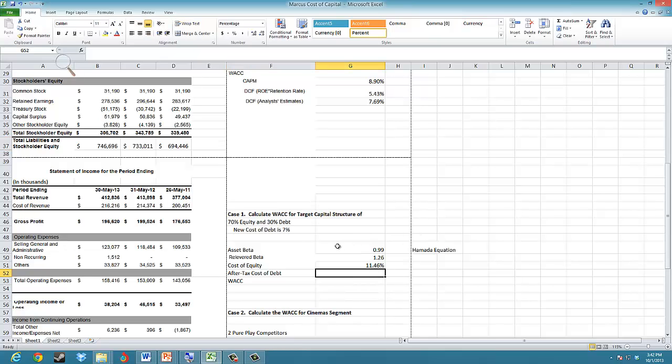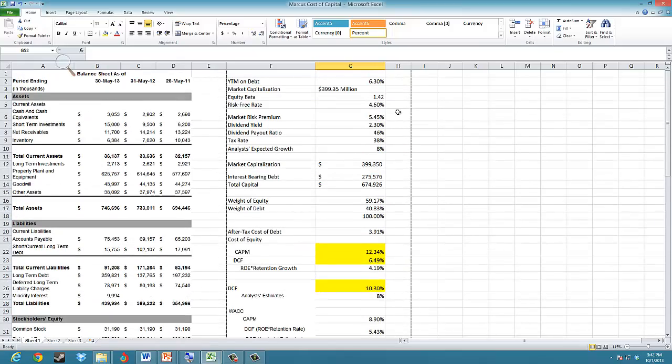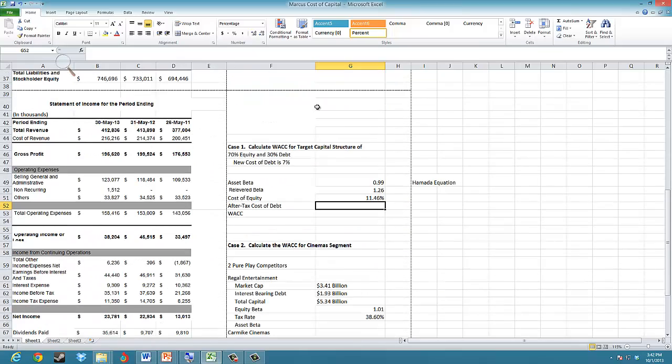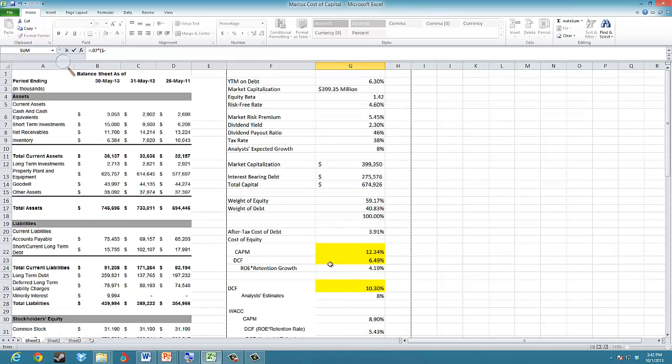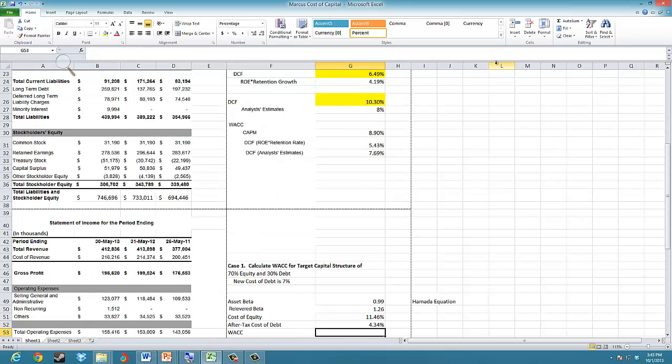The pre-tax cost of debt is now 7%, which is an increase from 6.3% because we are using a higher amount of debt. So the after-tax cost of debt would be equal to 0.07 multiplied by 1 minus the tax rate of 0.38, or 4.34%.